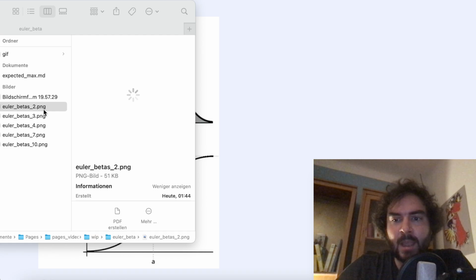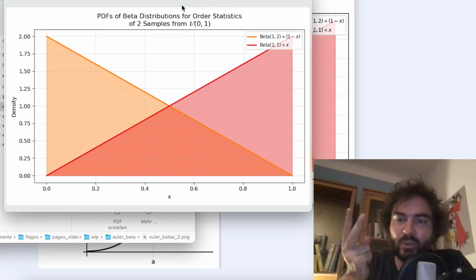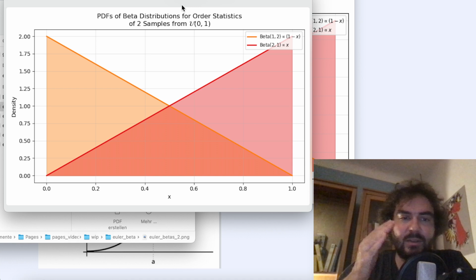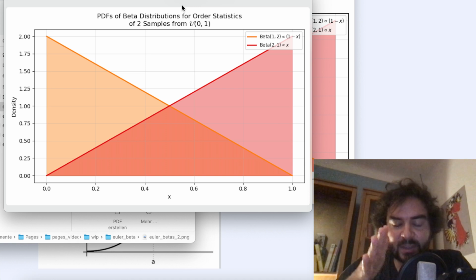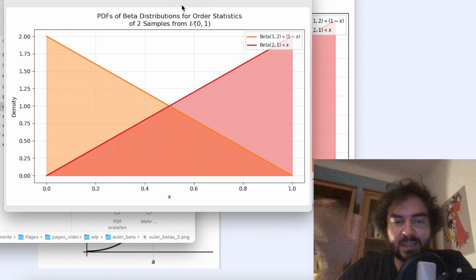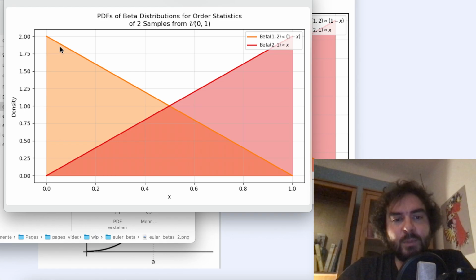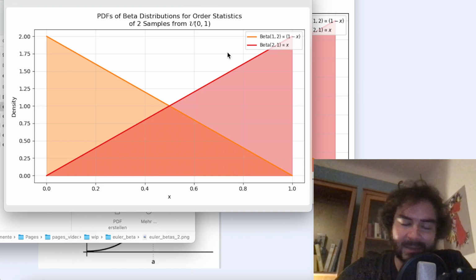Okay. So the beta distribution for just using 2 dice rolls and looking at the first statistic and the second statistic, i.e. the minimum and the maximum, happen to be just some straight lines. So beta of 1, 2 is 1 minus x, and beta of 2, 1 is x. I'm not going to explain the beta distribution, but I just describe the situation, and it comes out like this.